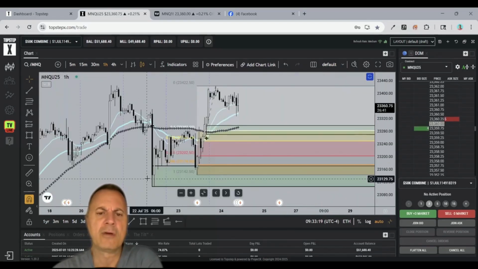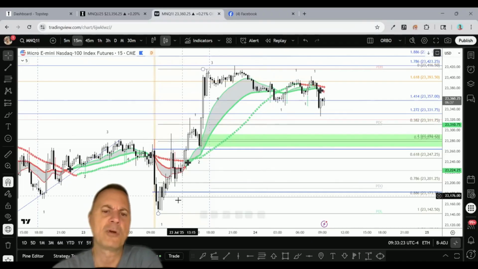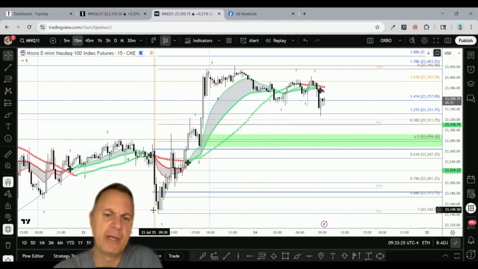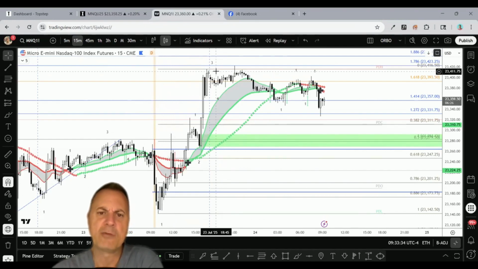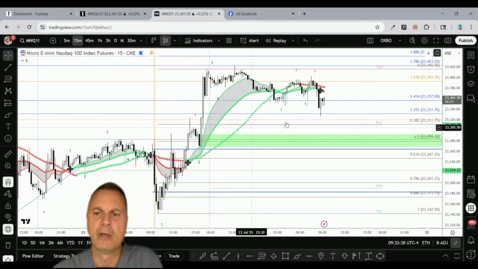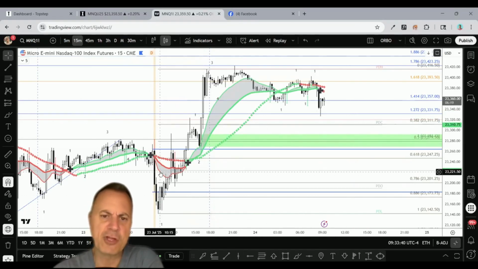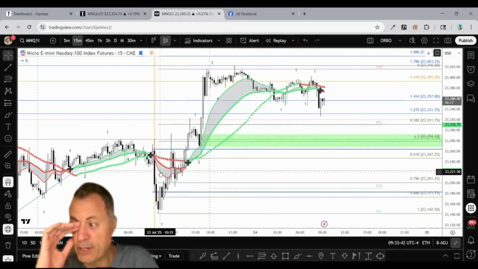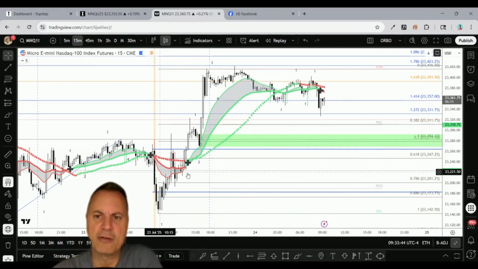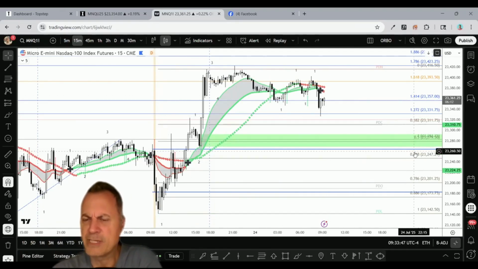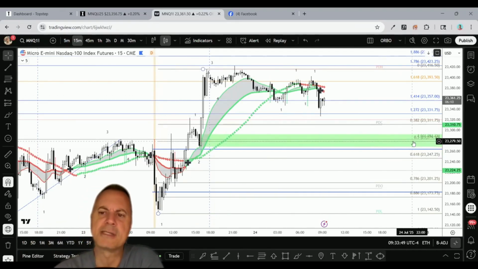So what I've got here, I have it on the TradingView platform. I have an extension, right? I have the Fibonacci extension here to here, okay? And then I have the retracement tool from here to here, right? And when you put the extension and the retracements of Fibonacci on your chart, you're going to get clusters of lines.